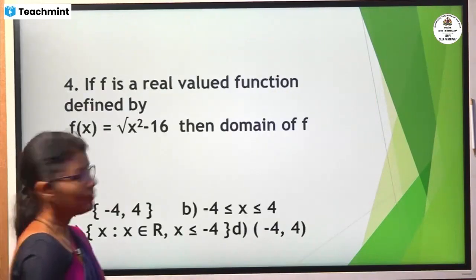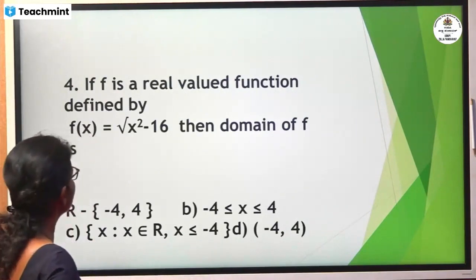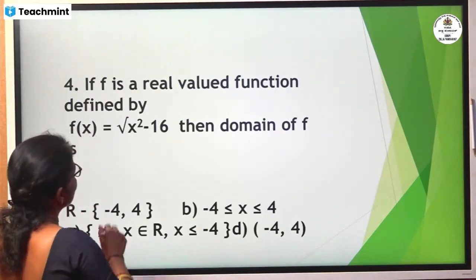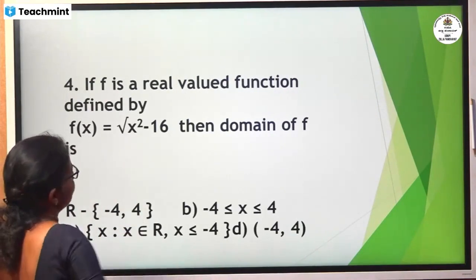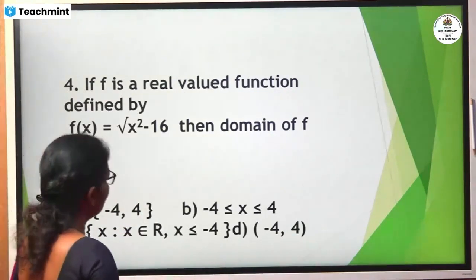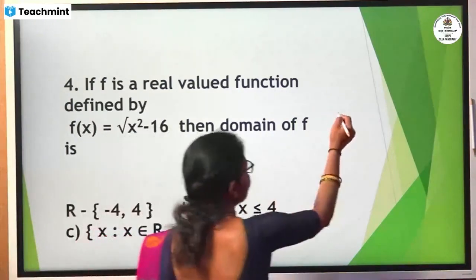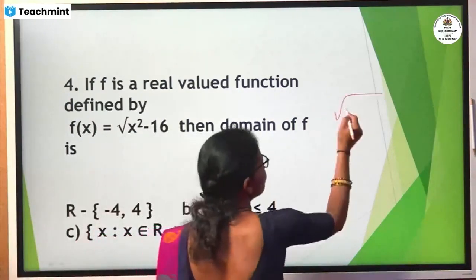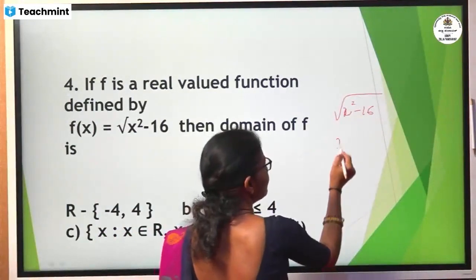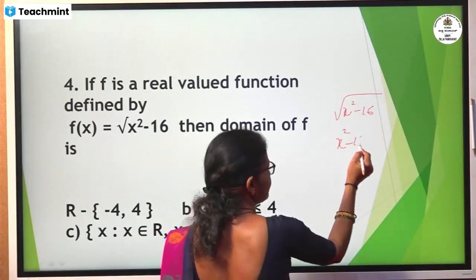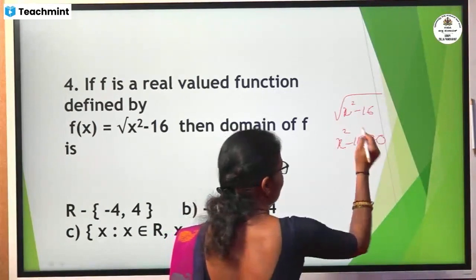If f is a real valued function defined by f of x equal to under root of x square minus 16, then the domain of f is... See, the function is like this: under root of x square minus 16. And we know that x square minus 16 should be greater than or equal to 0, right?